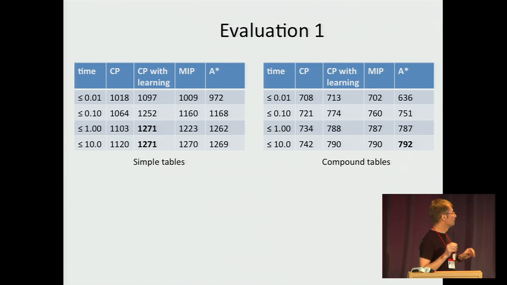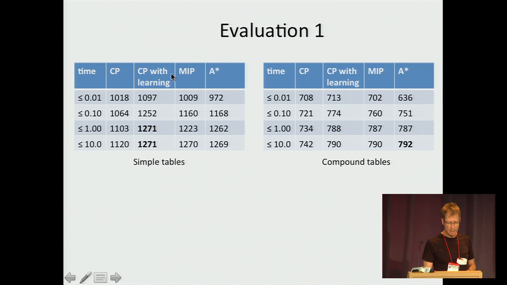These are shorter versions of the tables that appear in the paper, but basically what we do is, for a particular time, we give the number of instances of the tables that could be solved by each technique in that time. So if we look at CP, then in 1/100th of a second we could solve 1,018 instances of the simple table problems.